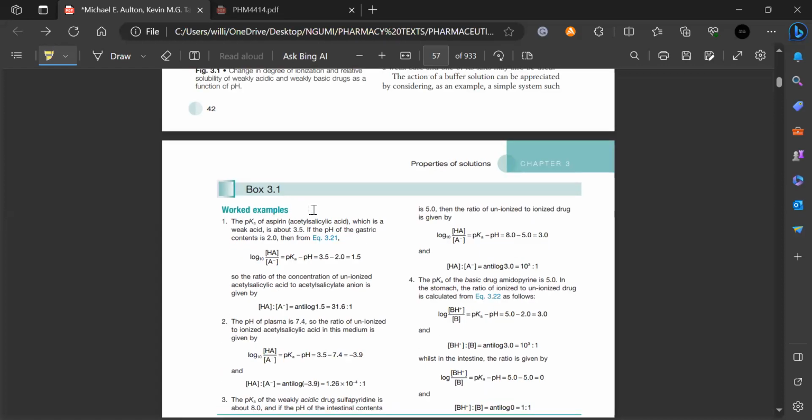So the pKa of the weak acid is 3.5, minus the pH of gastric contents, which is 2. We get 1.5. Remember, 1.5 is the log of HA divided by A. So find the antilog of that. I haven't used a calculator in so long. And you will get 31.6. So the ratio itself is 31.6 to 1.